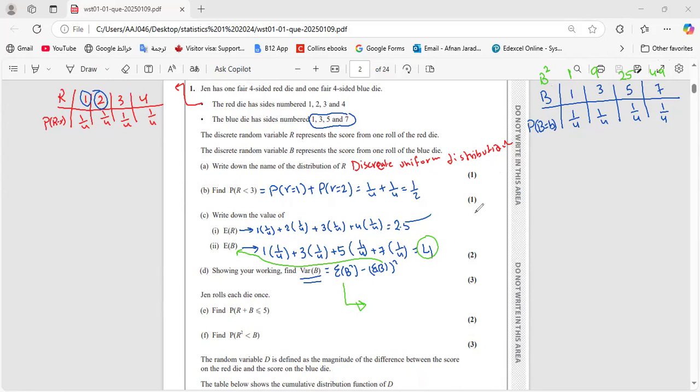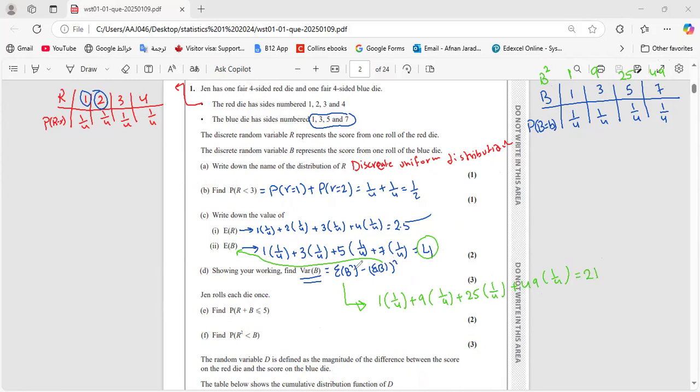To find the expected value of B squared, you need to multiply each B squared by its probability. So 1 multiplied by 1 over 4 plus 9 multiplied by 1 over 4 plus 25 multiplied by 1 over 4 plus 49 multiplied by 1 over 4. The answer here is 21.